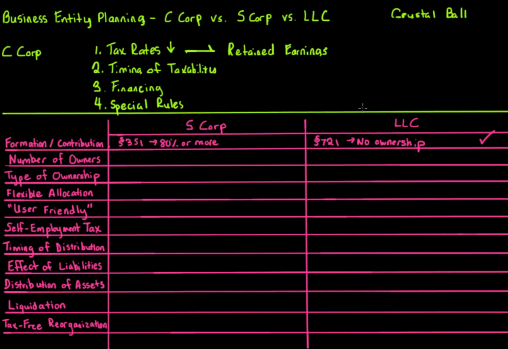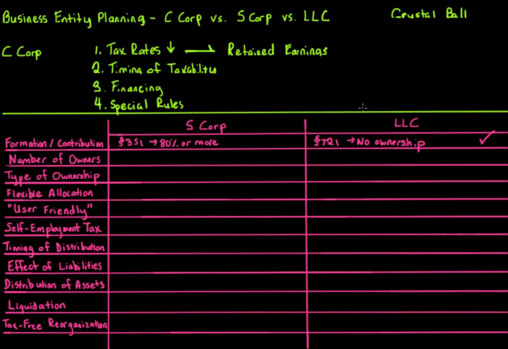So we basically break the transaction in two parts. The portion with respect to the LLC membership interest, the ownership interest, right? And the boot property. Well, you can't recognize a loss under section 721 with respect to the membership interest.